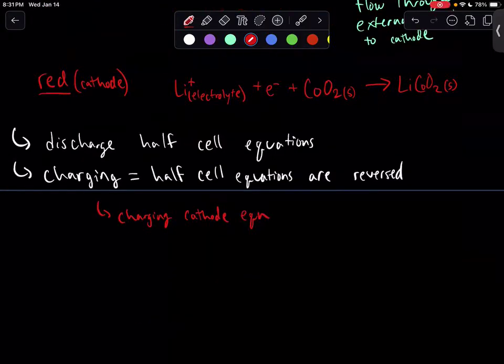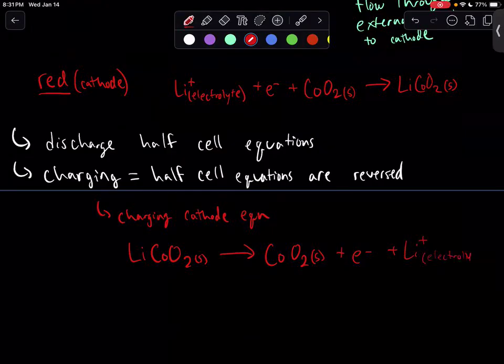Well, given that one above, all we have to do is reverse it. LiCoO2 solid reacts or decomposes to produce cobalt oxide solid plus an electron plus lithium ion in electrolyte. And that is the charging equation at the cathode.